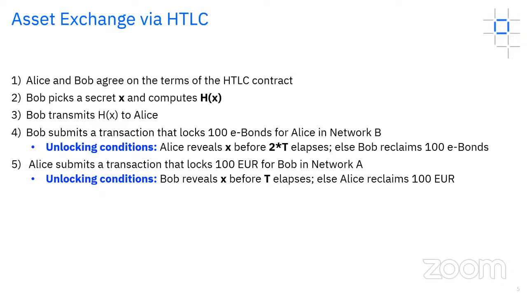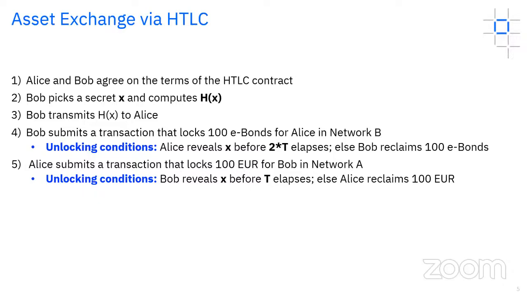So Bob will send the hash of X to Alice, and Alice would, based on this hash of X, the timeout they agreed on, and the terms of the contract, which is, I will transfer to you 100 euros for 100 e-bonds, create a transaction for Bob, and Bob will do the same for Alice.